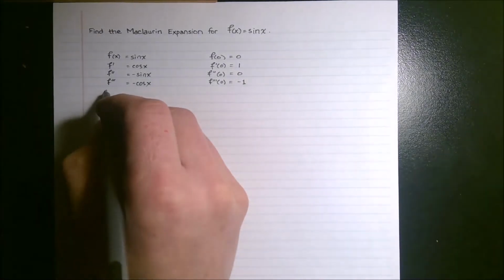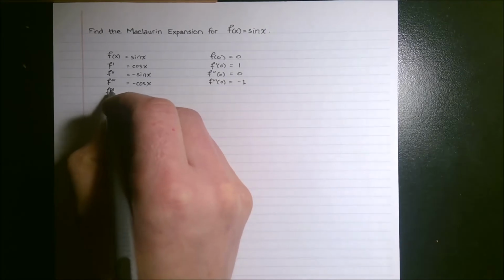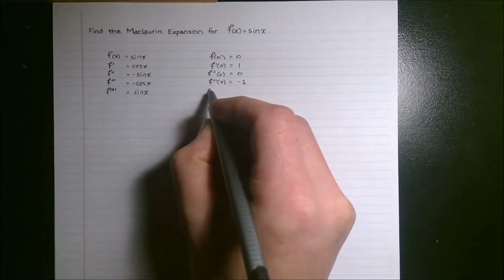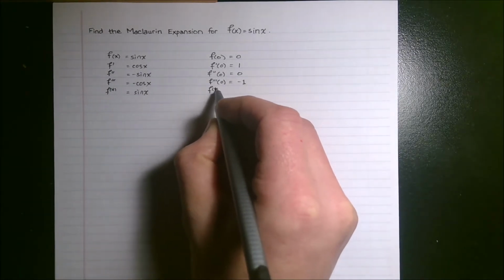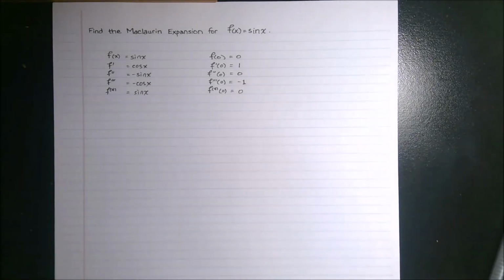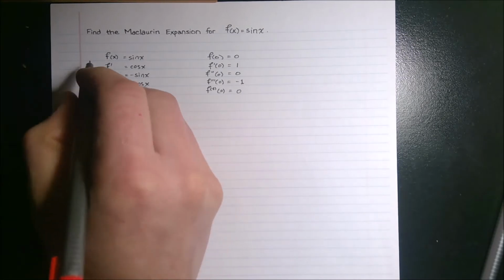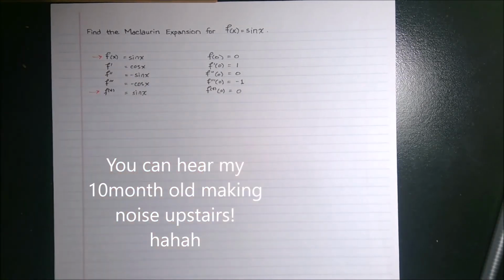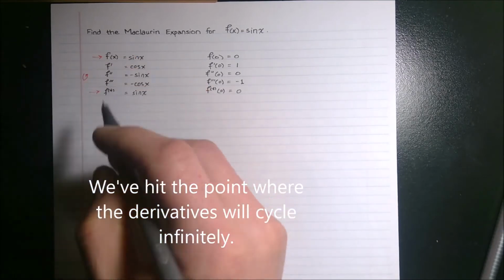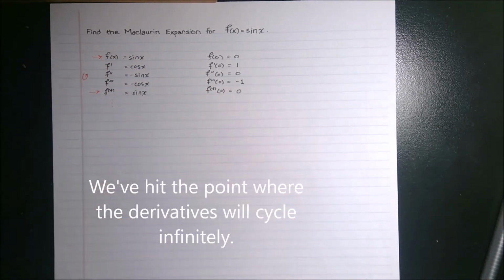Now if I go on to the fourth derivative, I end up getting plain old sine of x, and if I evaluate that at 0, of course I get 0. Hopefully you're noticing that this line is the same as the original, and that's going to repeat. It's very cyclical, so it'll keep happening forever.